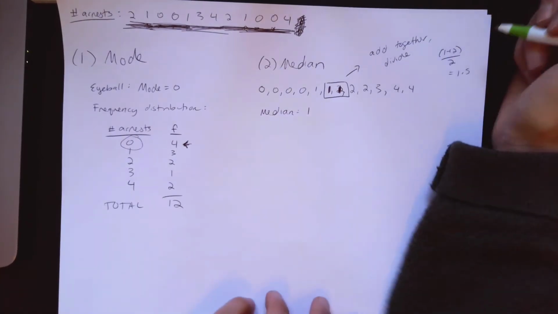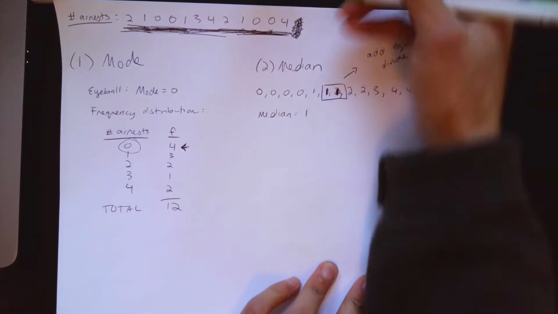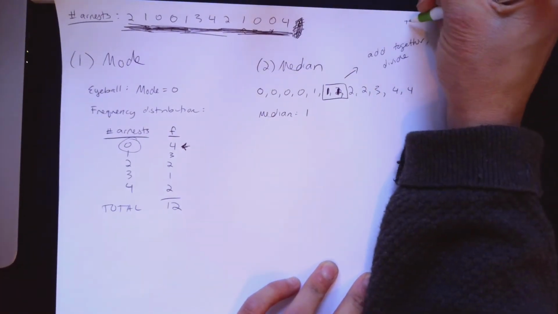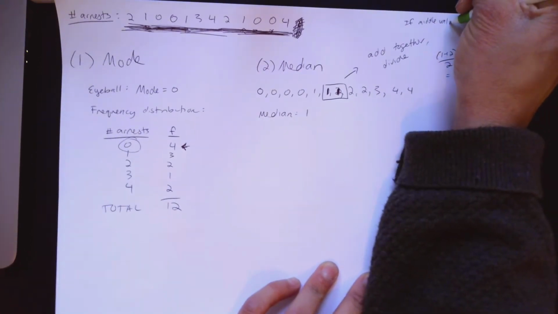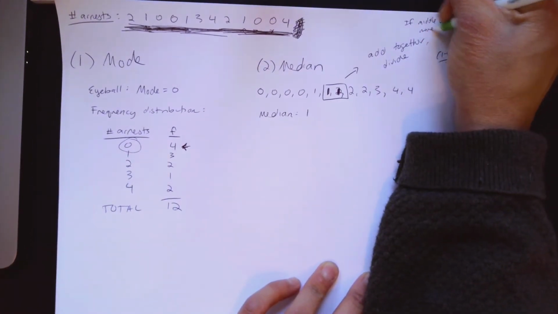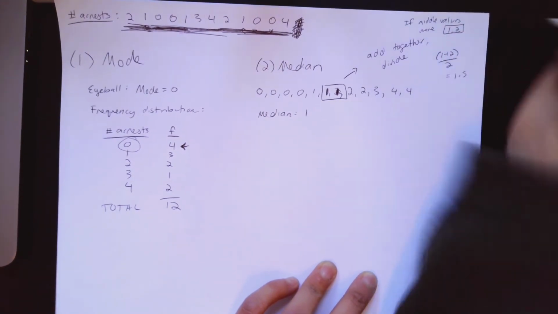I'll just make a note here for when I post these as notes. This would be if the middle values were 1 and 2.